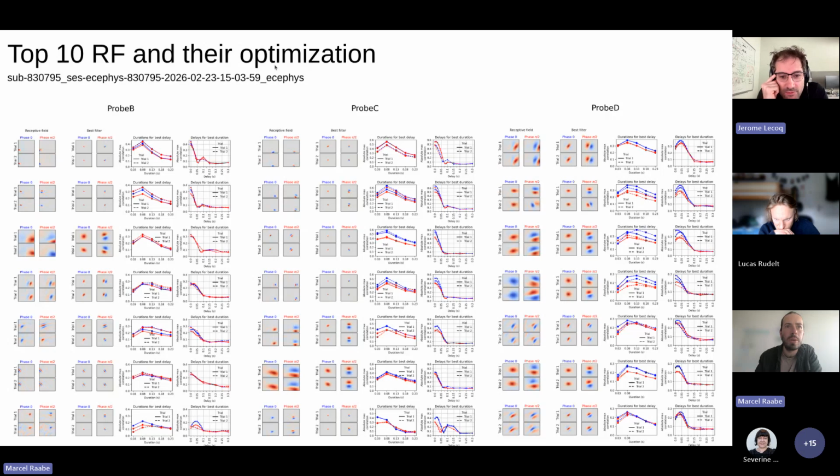So for instance, if you look at row number 4 on the right, probe D. You see that between trial 1 and trial 2, the phase 2 seems to shift up and down. Yeah.